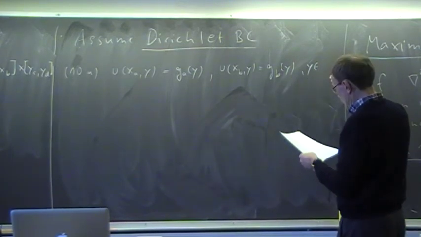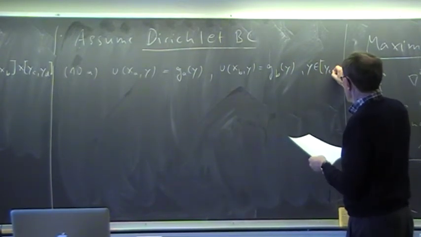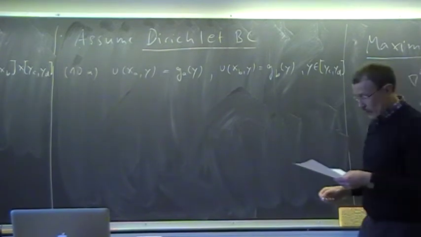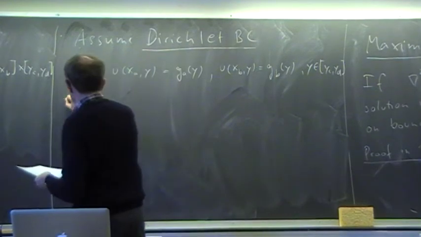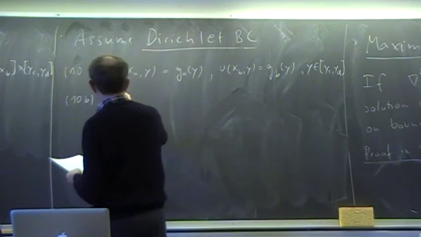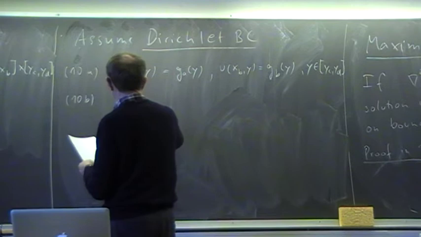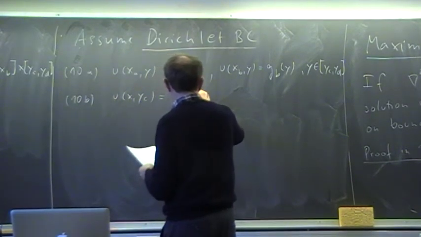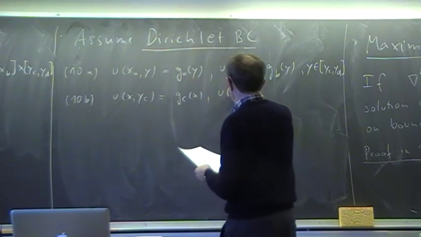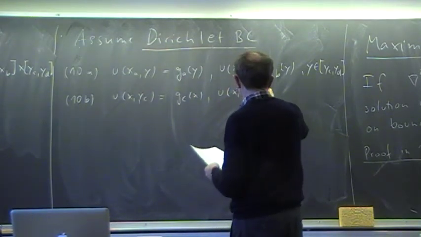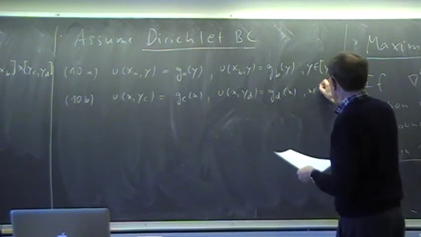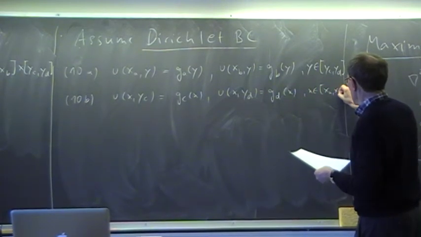That is for y in [yC, yD]. And likewise at the lower and upper boundaries, we have u of x, yC is equal to gC of x, and u of x, yD is equal to gD of x for x in [xA, xB].